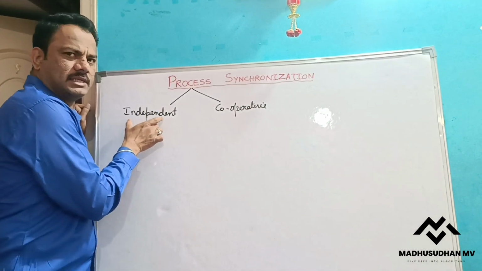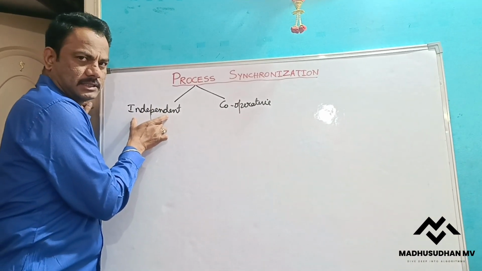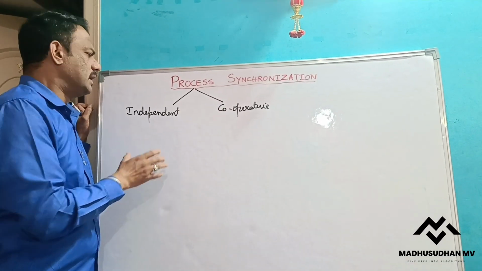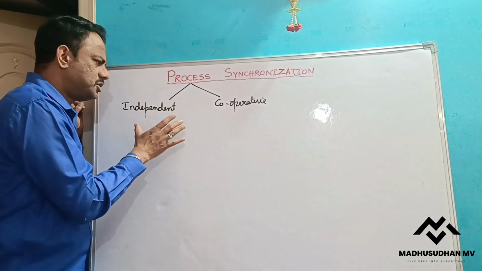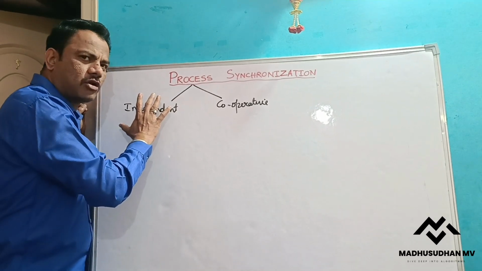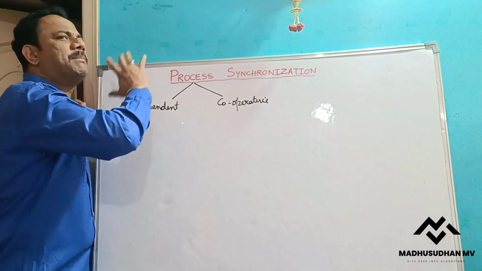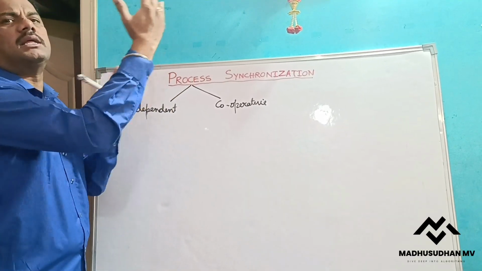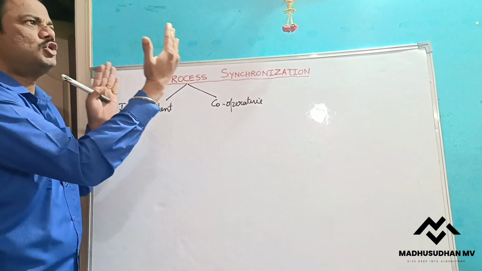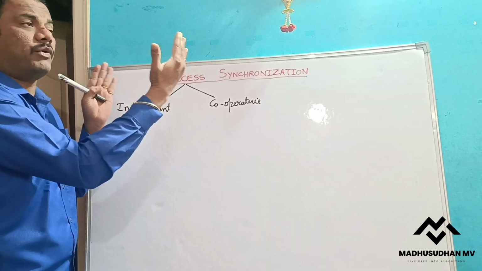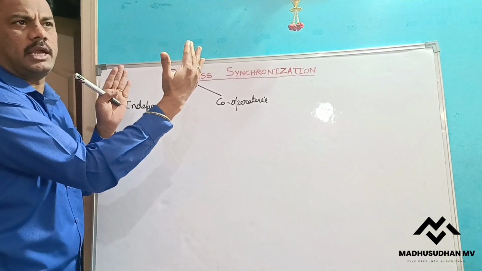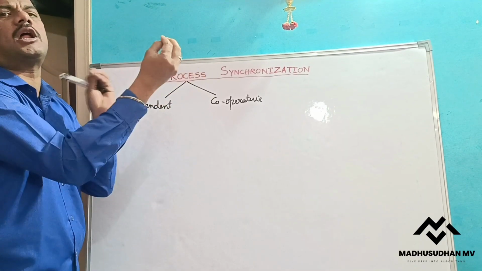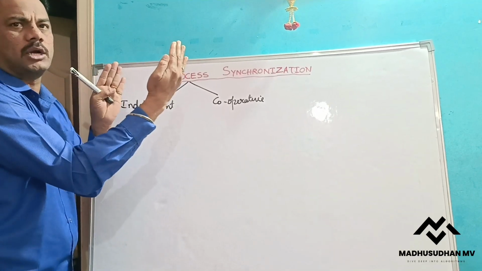As the name itself indicates, an independent process is not depending on any other process. That means it will do its complete execution on its own. It is not depending on any other process, which means there is no communication with other processes. When two processes have something to share, only then do they need to communicate.